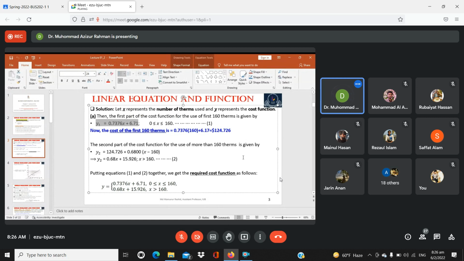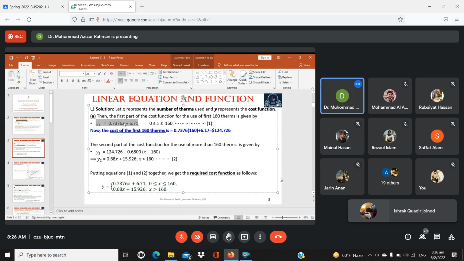Let's consider it as the first portion, y1, which equals 0.7376x plus 6.71. For this cost function, what is the condition?